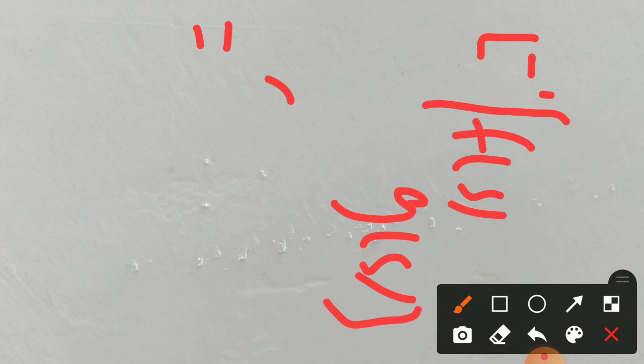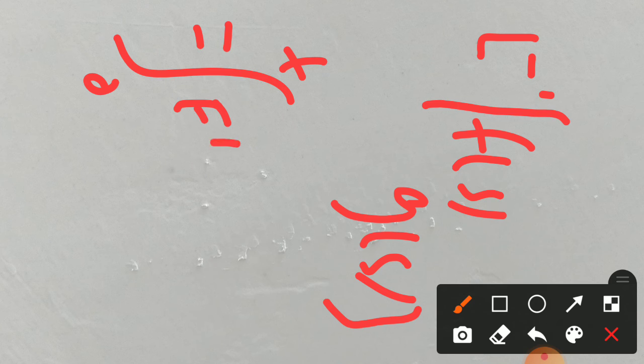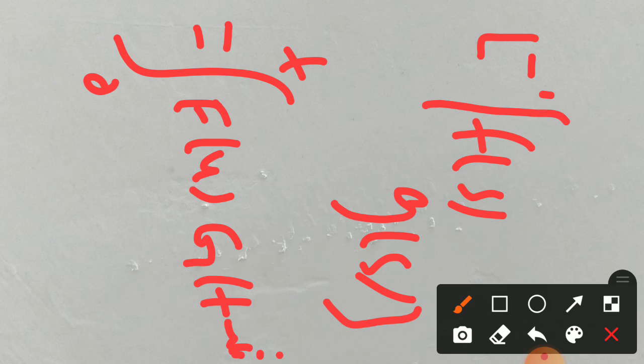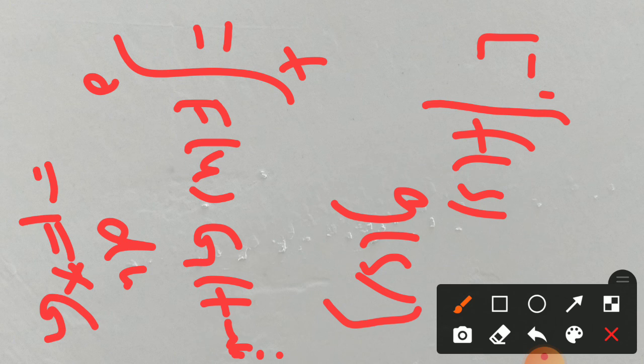will be equal to the integral from 0 to t of f(u) g(t minus u) du, that is f star g.